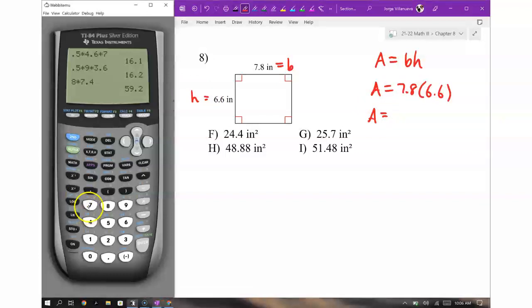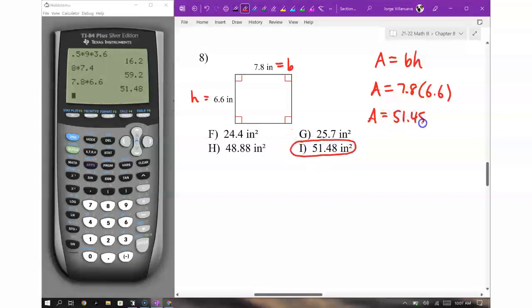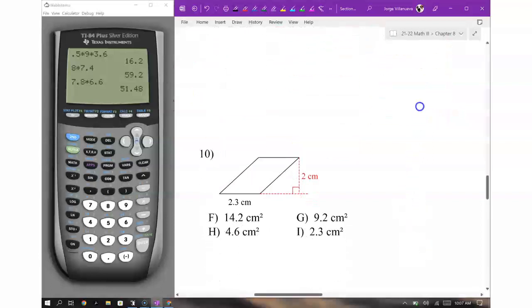Plug that into your calculator. 7.8 times 6.6. 51.48. So you can see right here. So 51.48 square inches, or inches squared. Are we okay so far? Any questions? And hopefully this seems like really easy and you're like, all right, I got this, no problem.